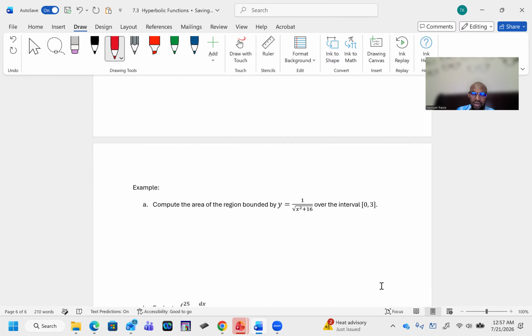Compute the area of the region bounded by y equals 1 divided by the square root of x squared plus 16 over the interval [0, 3].